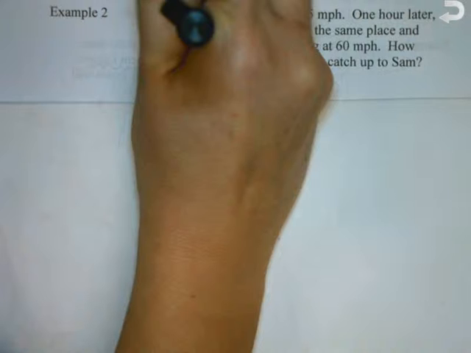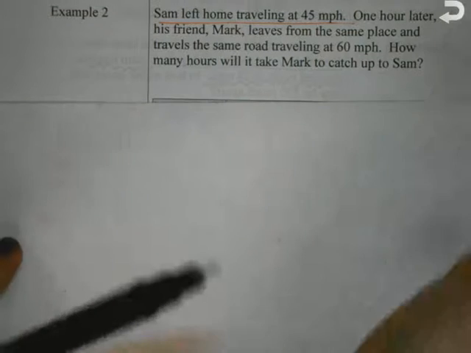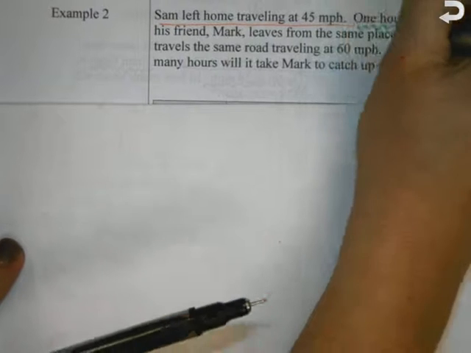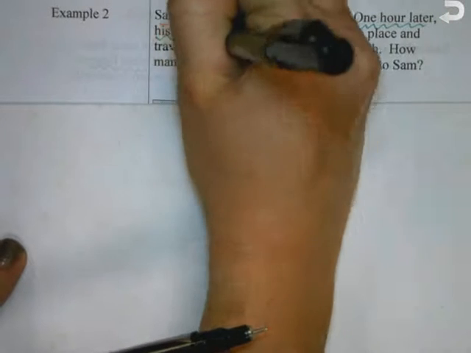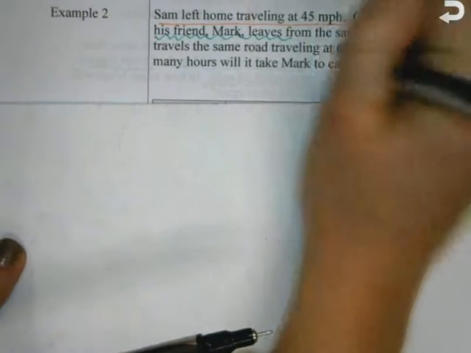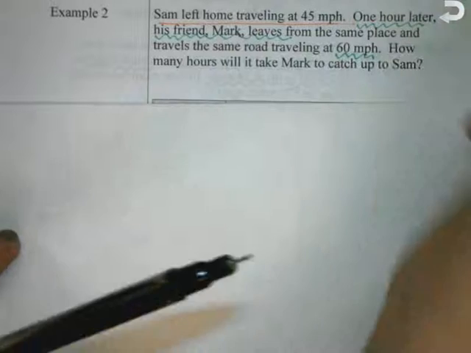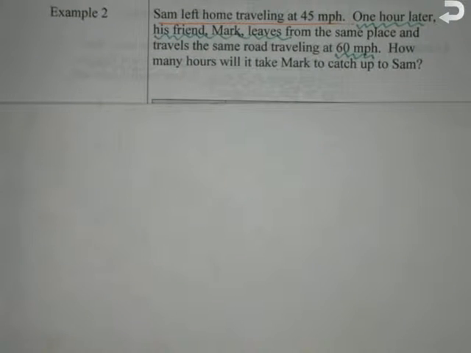So I'm going to do Sam in orange. Sam left home going 45 miles per hour. An hour later, that's the important part to think about, guys, Mark left going 60 miles per hour. So their times are actually going to be different, right? Their distances are the same, but their times are different.